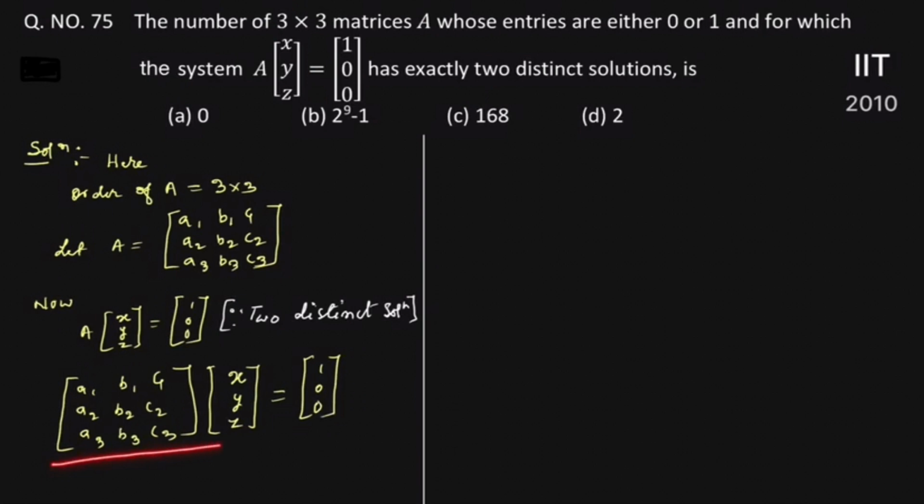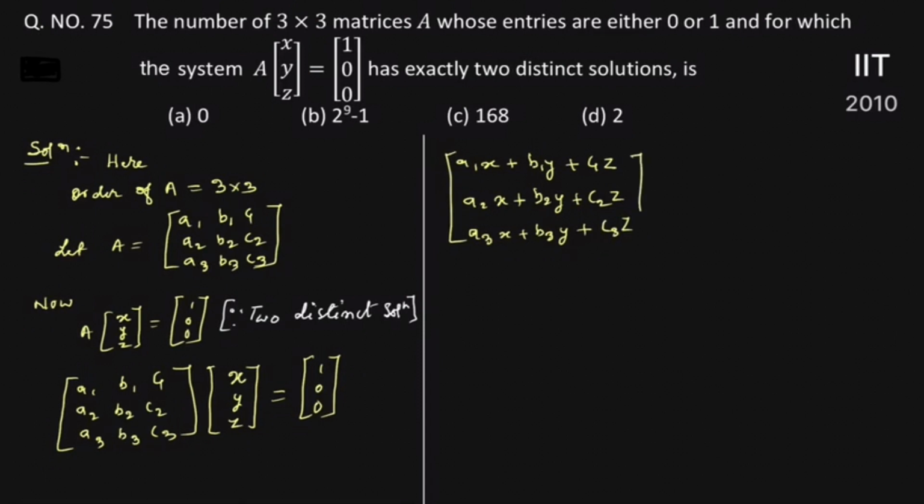Now if we multiply the left hand side, then we will get a1x plus b1y plus c1z, a2x plus b2y plus c2z, a3x plus b3y plus c3z, which is equal to 1, 0, 0.